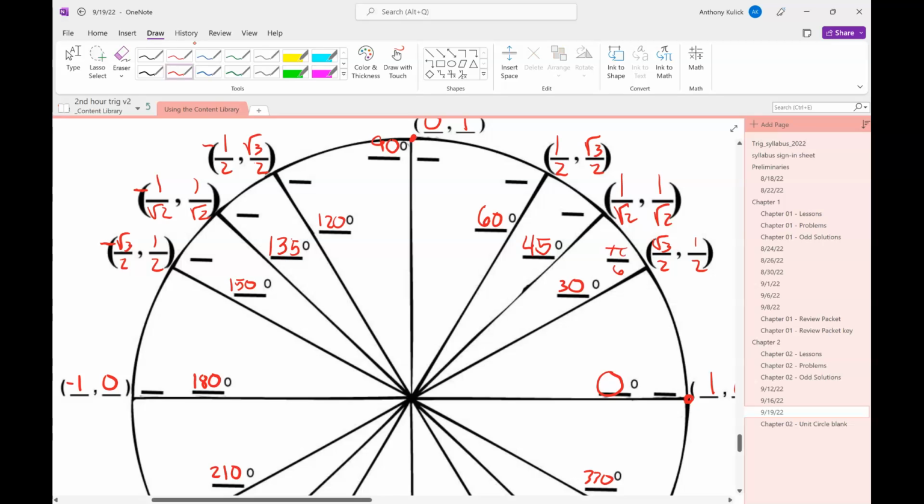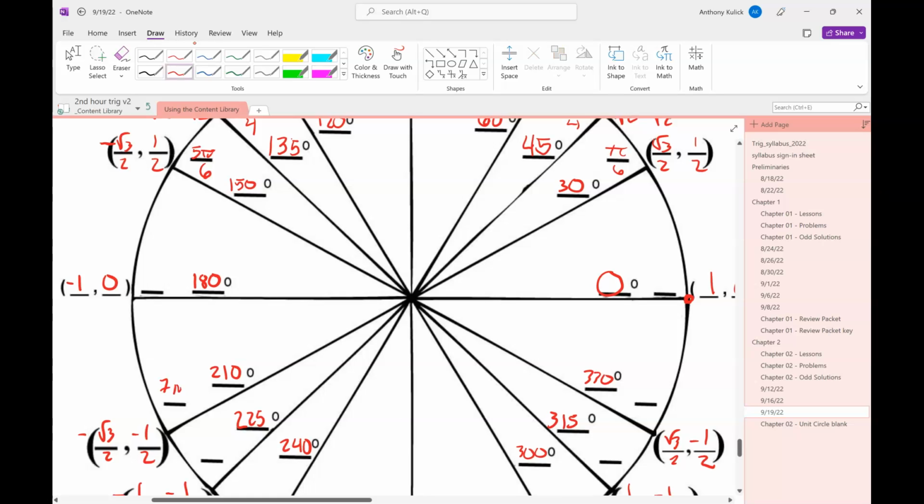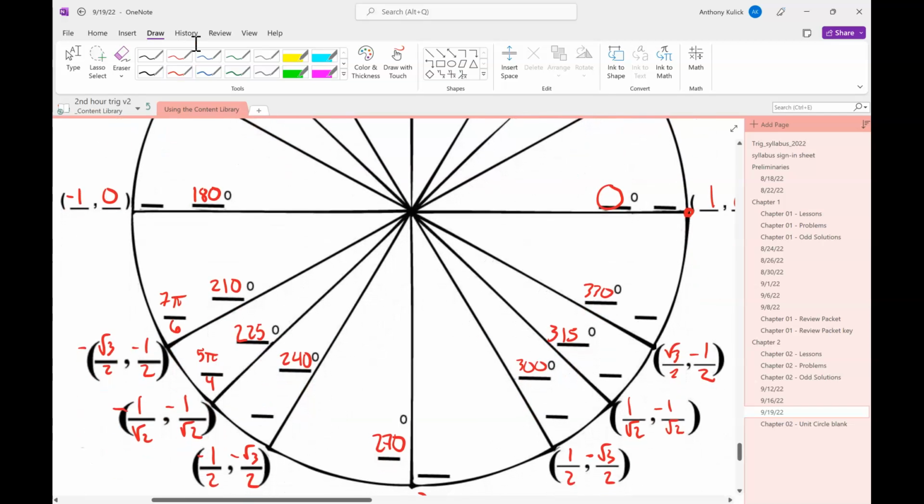So this becomes pi over 6, pi over 4, pi over 3, pi over 2, 2 pi over 3, 3 pi over 4, 5 pi over 6, and we're 7 pi over 6, 5 pi over 4, and then 4 pi over 3.